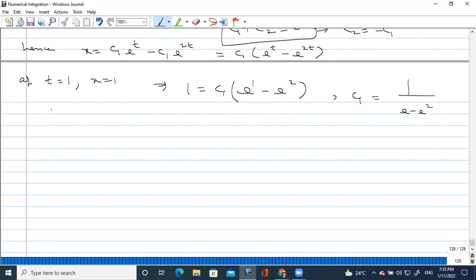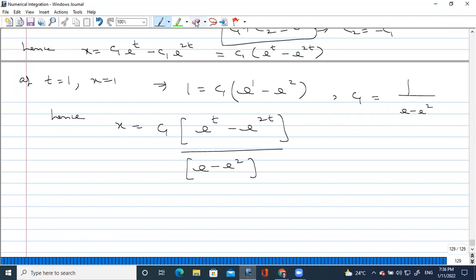Understood? Hence x will become C1 constant times (e to the power t minus e to the power 2t). In place of C1, I am writing this, so it becomes (e^t minus e^2t) divided by (e minus e²). So this is the value of x now.